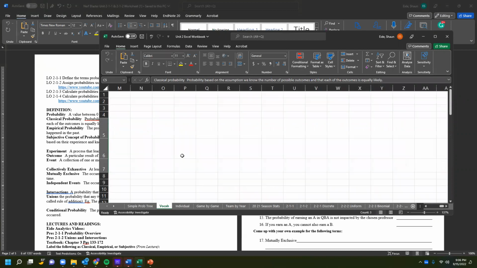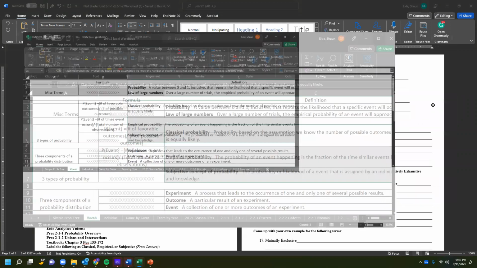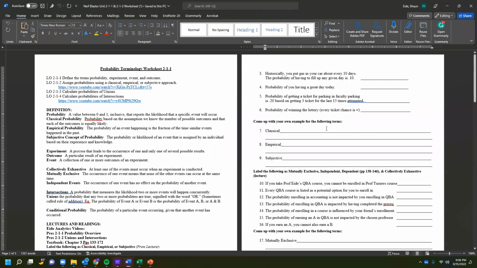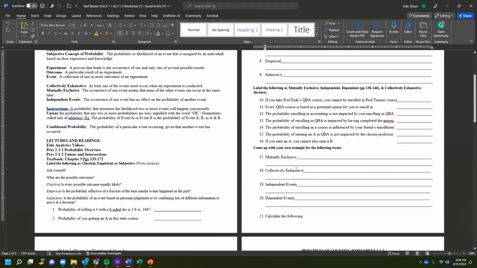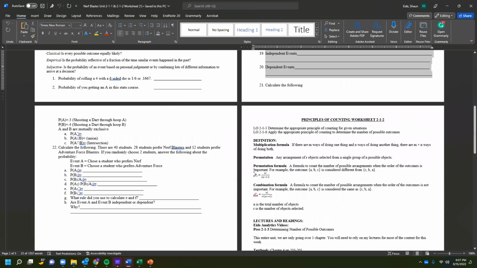You can come right over here on the right-hand side and put that in. And then coming down here, label the following as mutually exclusive, independent, dependent, collectively exhaustive. Then once again, come up with your own example. And then I would once again suggest you copy and paste this example into that Excel workbook, because you guys will be turning that in as a group at the end.